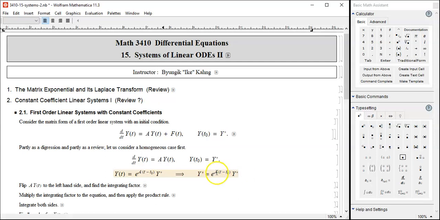But by chain rule, we have to multiply the derivative of the inside, and that's going to be a. You see, this minus t0 doesn't do anything because that's constant, so if you take the derivative, that becomes 0. The derivative of at is a, and let's multiply by that. It doesn't matter whether I multiply here in the left or here in the right, because they're going to commute anyway. Alright, so what do we have?